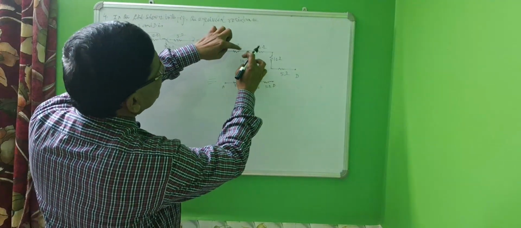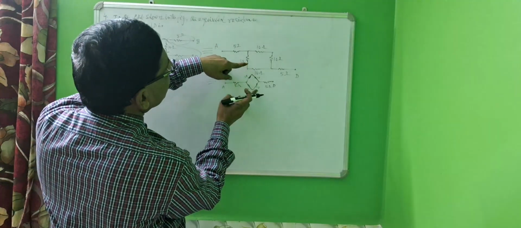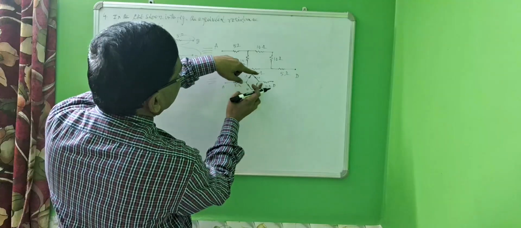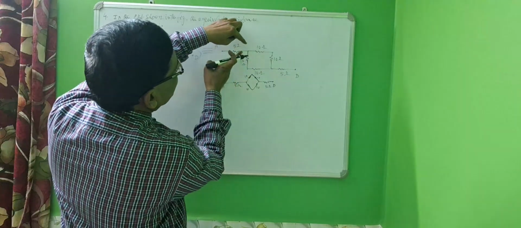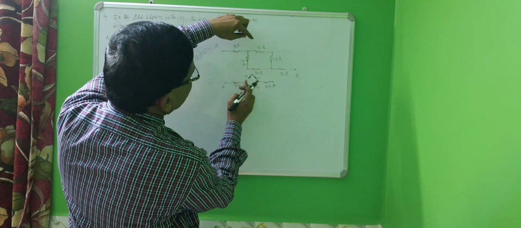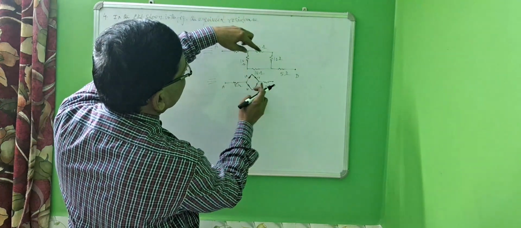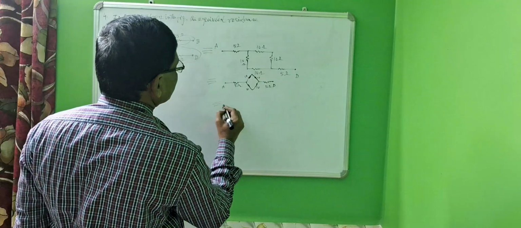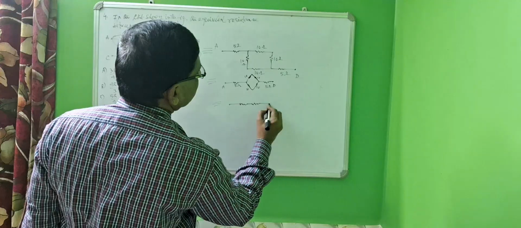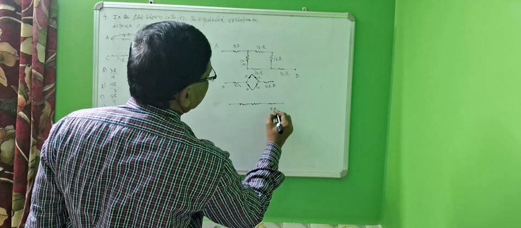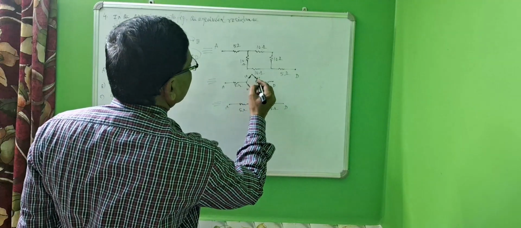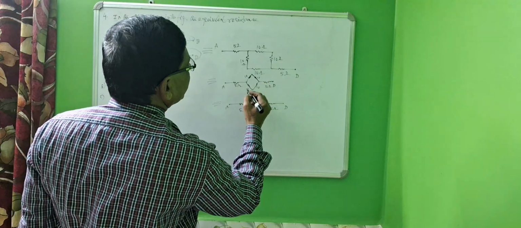5 ohm. Now split it into 10 ohm, 10 ohm, and again 10 ohm, 10 ohm. Also connected to 10 ohm, 10 ohm. This splits again. So equivalent resistance can be written as 20 and 20.